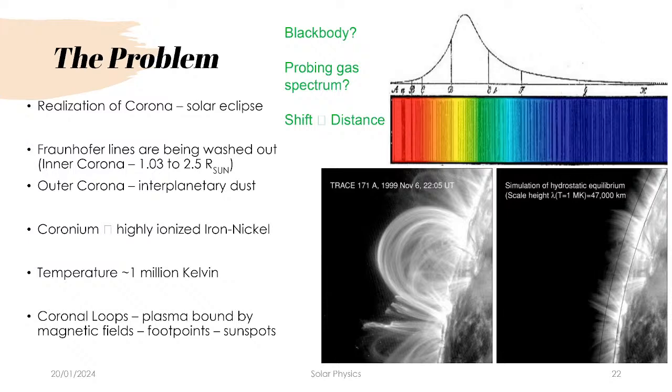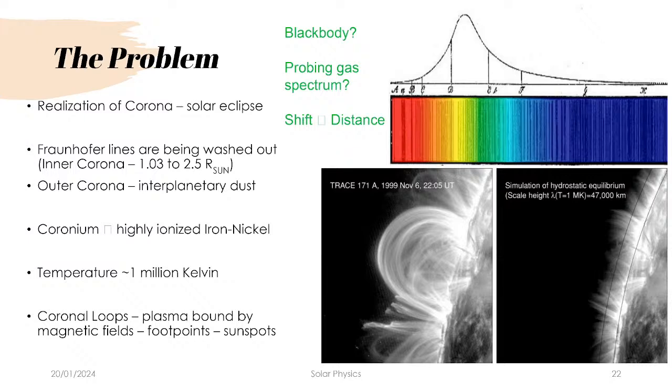Scientists were so puzzled by these emission lines because they hadn't seen something like this before. So they thought that there is a new element, coronium, right? But later on, someone realized, I forgot who exactly, that no, it's not a new element, but actually very highly ionized iron and nickel, which is giving rise to such emission.